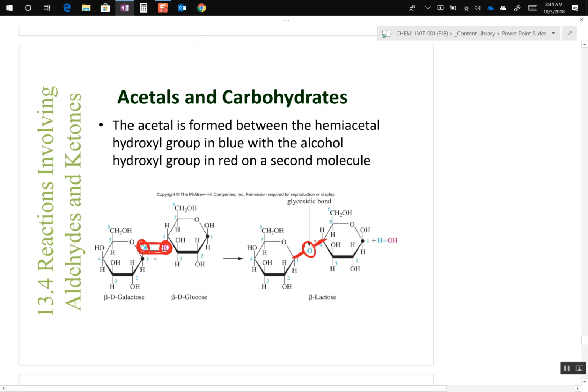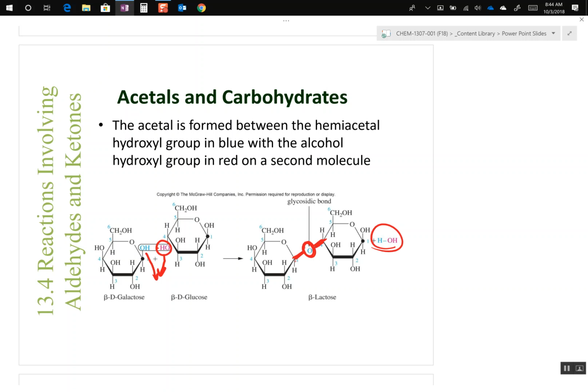And in that process, you're releasing H2O. Okay, so you can see that the hydrogen from the blue OH and the OH here are released, forming that ether and linking those two glucose molecules together.